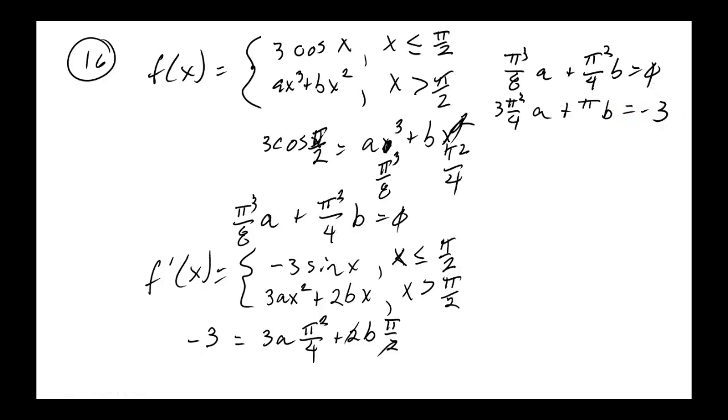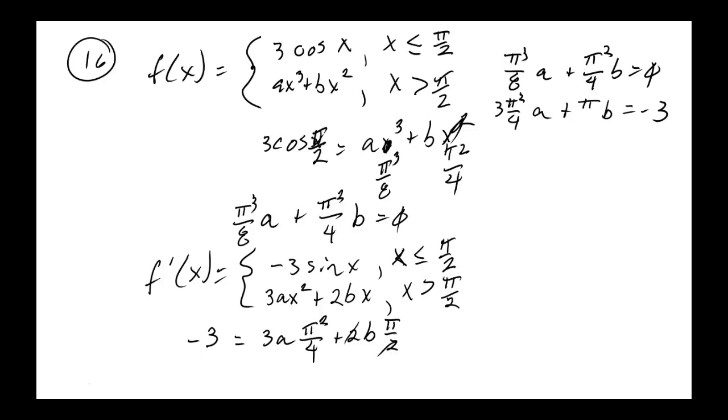Now you've got to figure out what we need to do to eliminate a variable. It looks like to me b would be easier to eliminate than a.